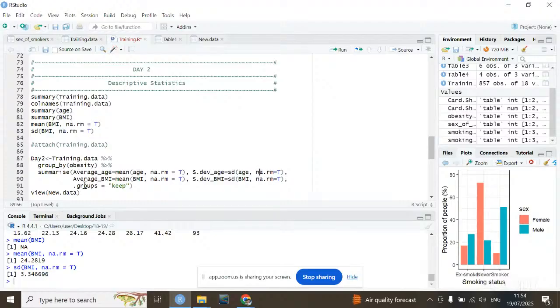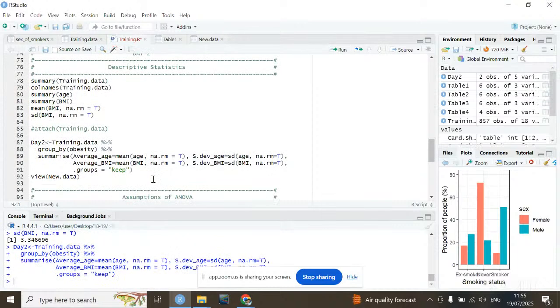Then at the same time, create the column called average body mass index or BMI using the function mean and the value for BMI, but removing the missing values. Then also the standard deviation. So we could do this for all the other variables.